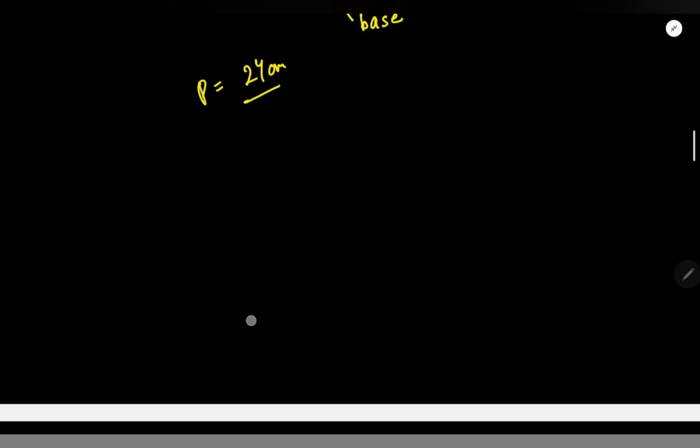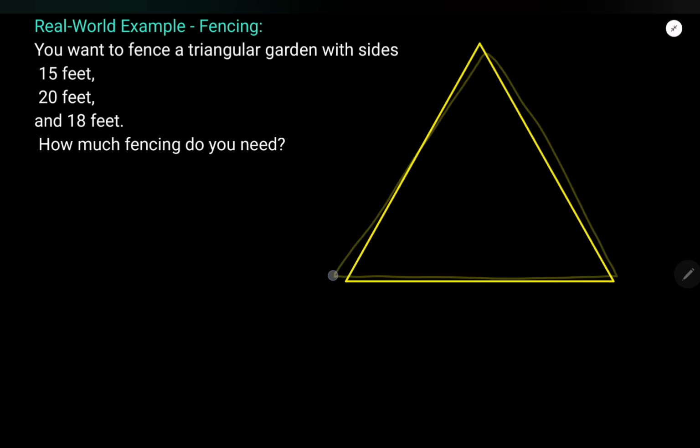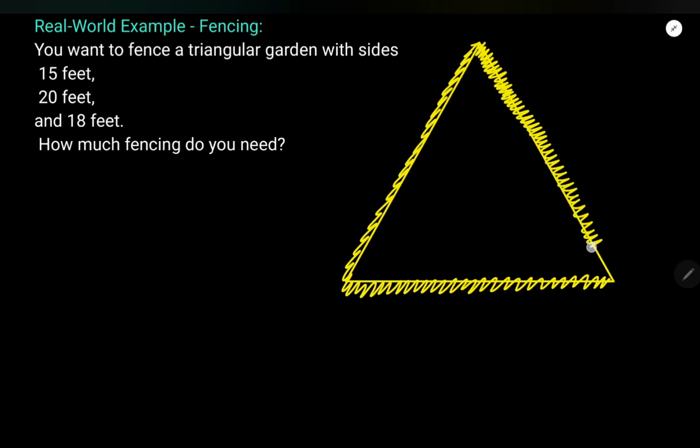Okay, and then after that we have a real world example. You want to fence a triangular garden. Suppose at your home you have a triangular garden. Now you want to have the fence on all sides of the garden. Suppose if they say two sides of the garden you want to have fence, then you will add two sides. But you want to have fence on all sides of the garden, so on all three sides.